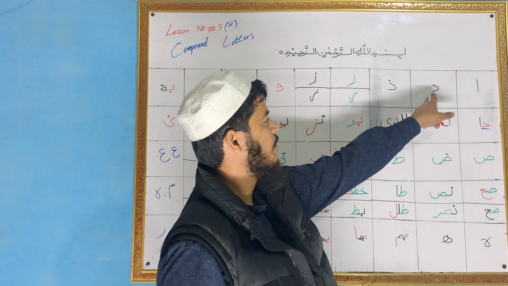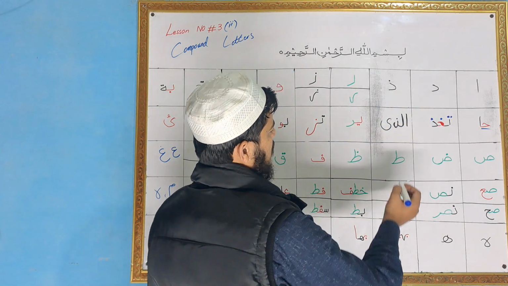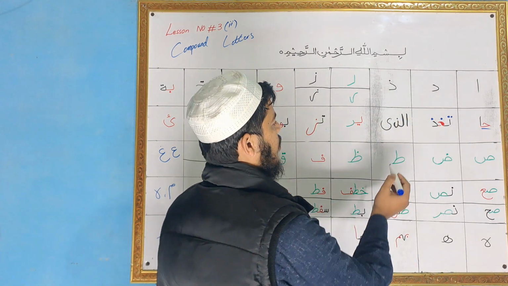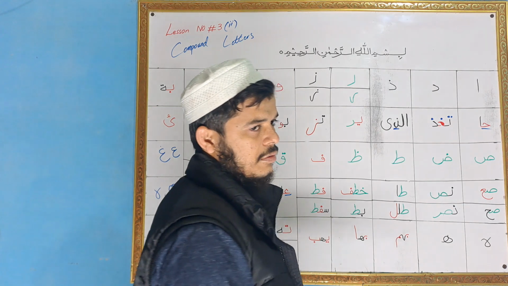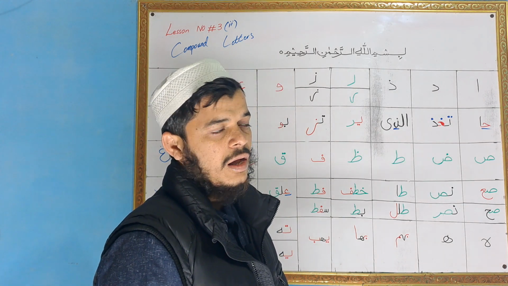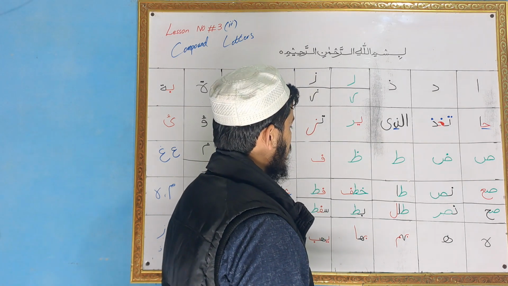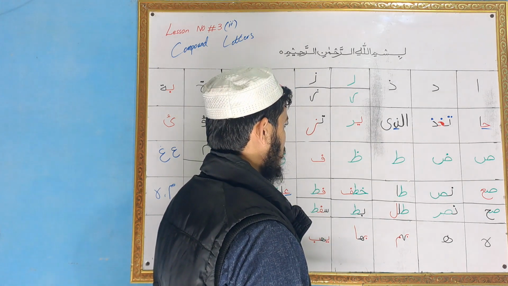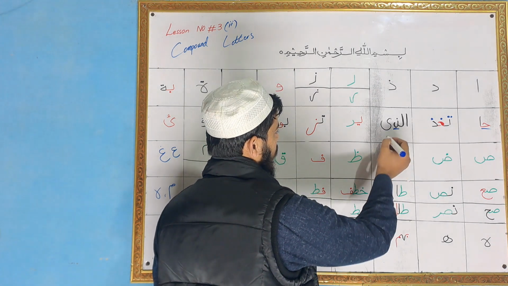One is this one, the one we discussed in the alphabets. The other one is more curved, like this shape. Okay, this one will be considered as zal because it has one dot on it. Sometimes kids get confused with the letter noon.